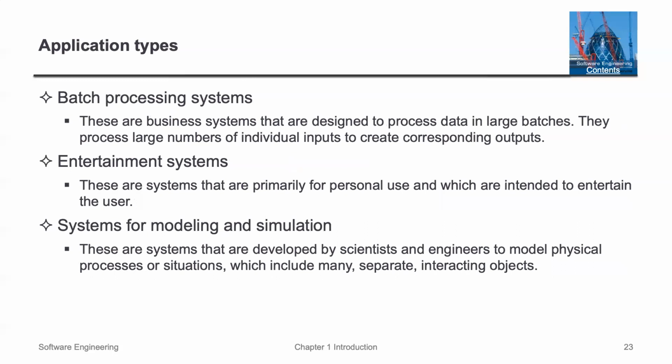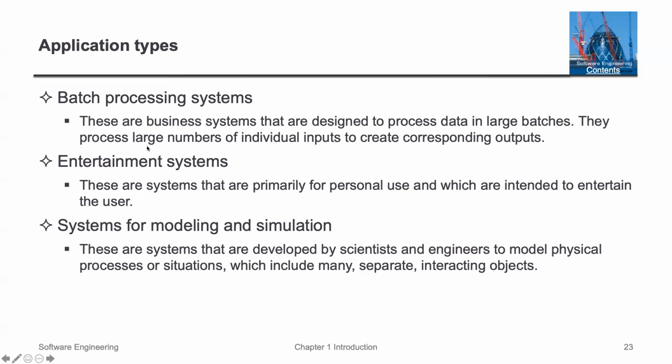So what type of applications are there? You can be thinking in terms of batch processing. You can think of entertainment systems or systems for modeling and simulation. So batch: these are things where you have large aggregations of data that need to be processed.